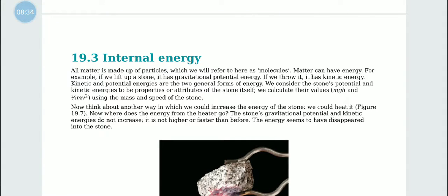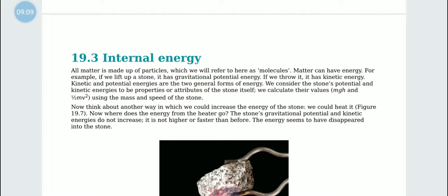All matter is made up of particles, within brackets molecules, and these particles have two forms of energy: kinetic energy and potential energies.